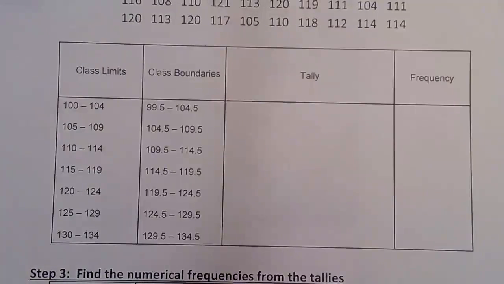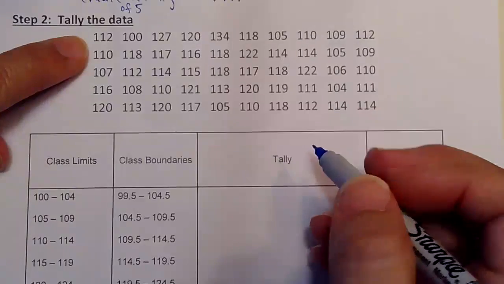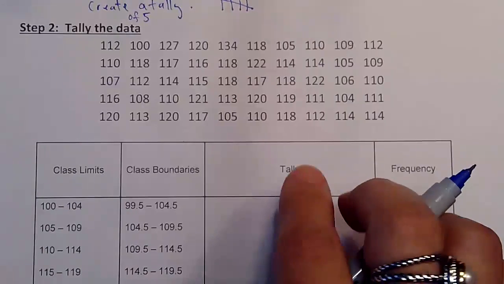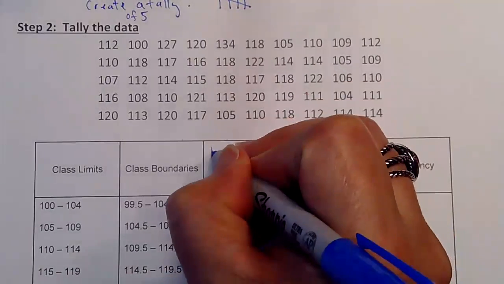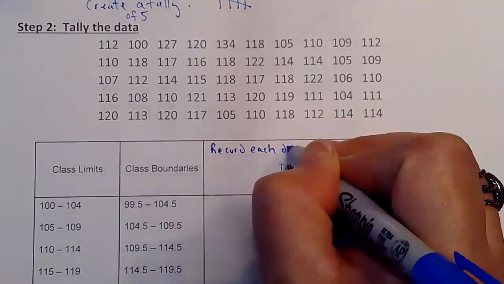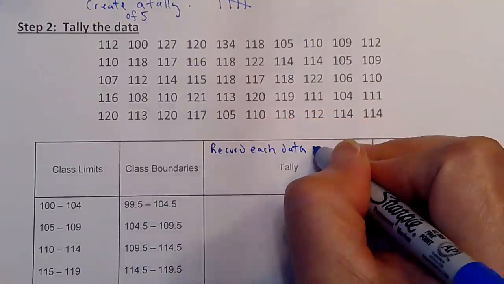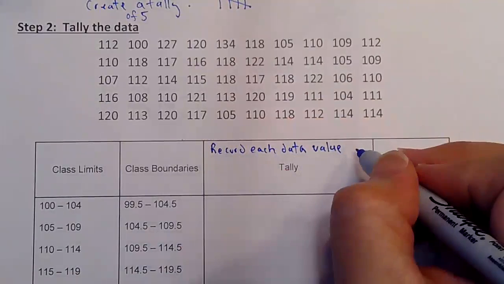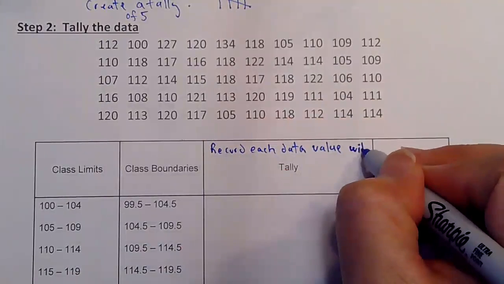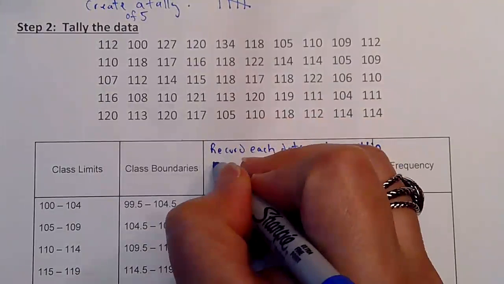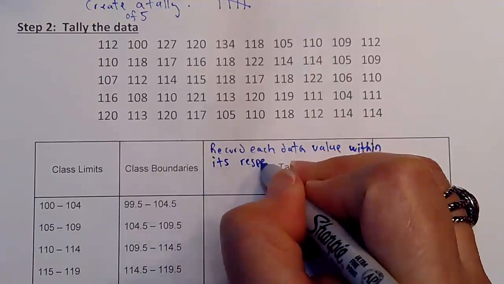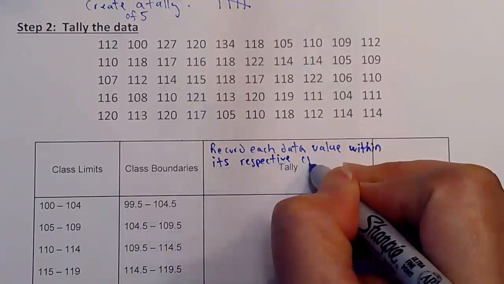On the tally part, we'll start with 112. What you want to do is record each data value within its respective class limit.